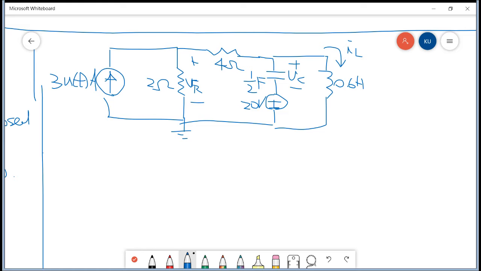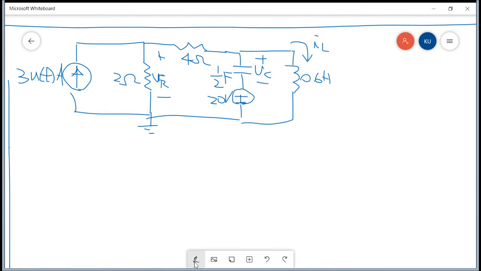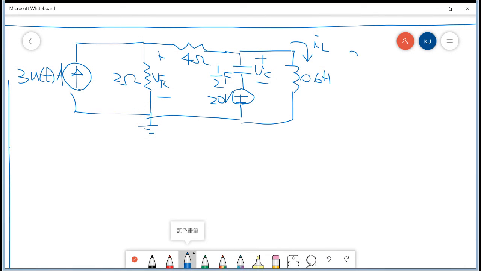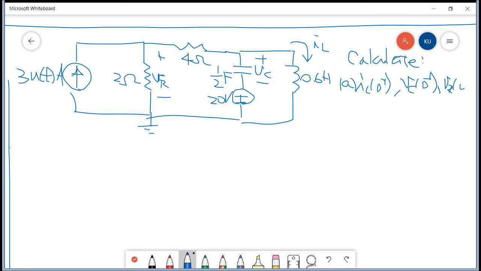So in this circuit, calculate for part A: IL0 plus, VC0 plus, and also VR0 plus.